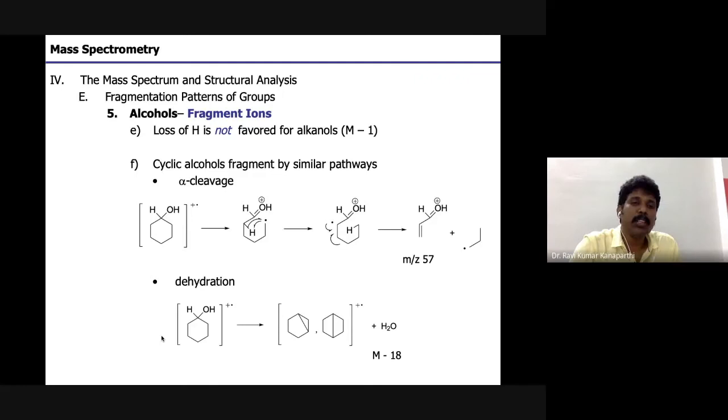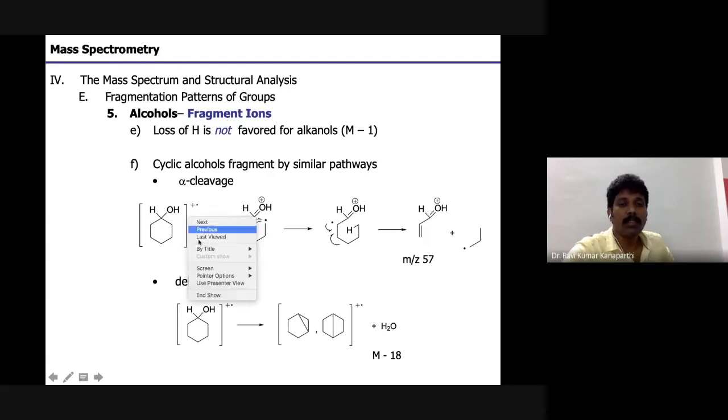And cyclic alcohols fragment by similar pathways, like alpha cleavage is possible. This is one of the points that I already mentioned in the previous class. Alpha cleavage next to the heteroatom is a very, very common thing in mass spectrometry. So this is one way of cleavage, another way of cleavage.